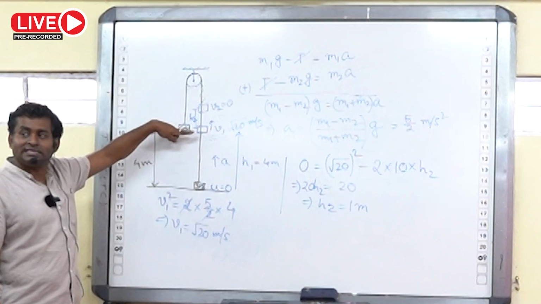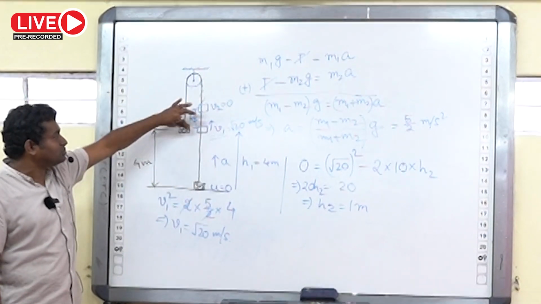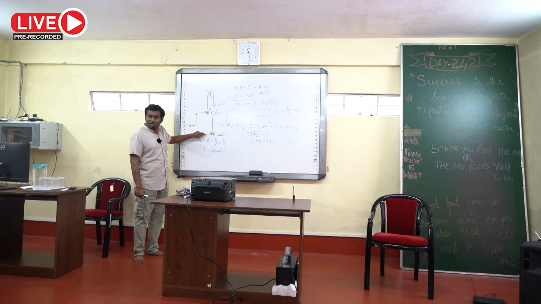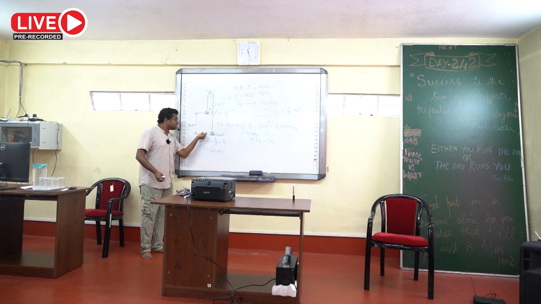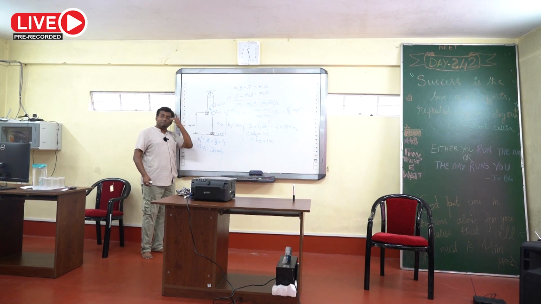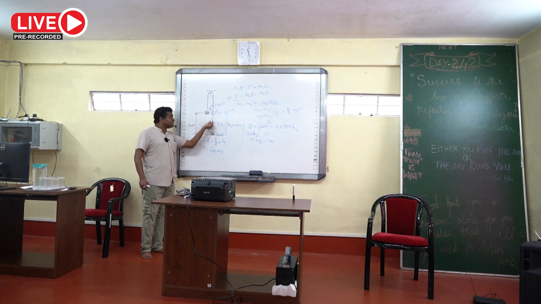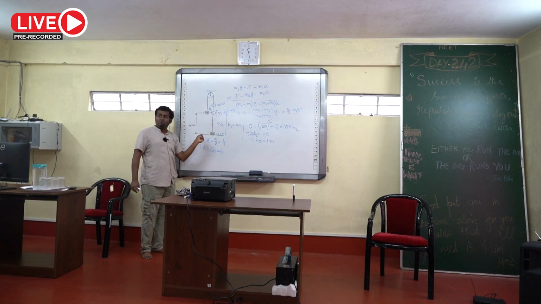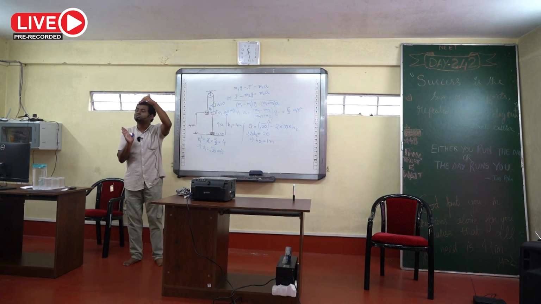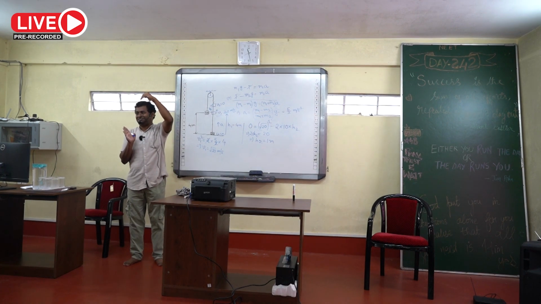Here it is going with acceleration, but as soon as it rises 4 meter, the mass goes to the ground and is connected with the ground. This mass cannot go beyond, and as a result the length of the string is already fixed. Now it is moving up, but this mass cannot go down further, so the string is no more stretched.